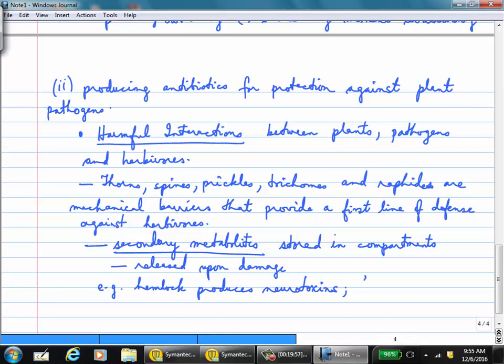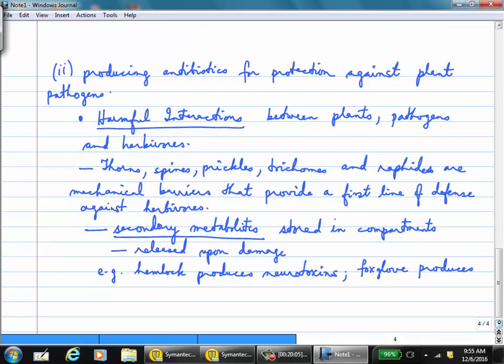Then another plant called foxglove produces digitoxin, right?